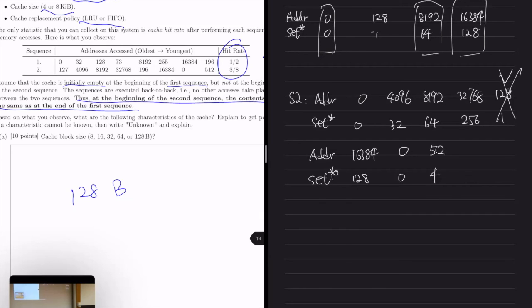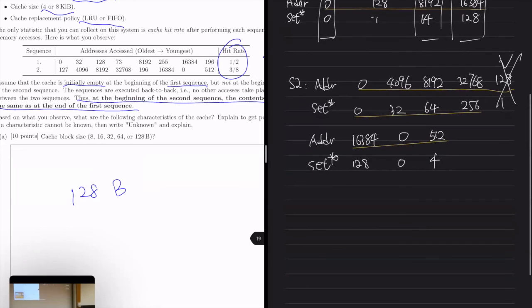Considering we only have least recently used or first in first out replacement policy, you can see very clearly that because there are no 2 accesses that are very close to each other that can generate a hit with these 2 policies, associativity of 2 is also ruled out. Yeah, to save time, I won't write it out, but I think it's pretty straightforward to see if you just try both replacement policies.